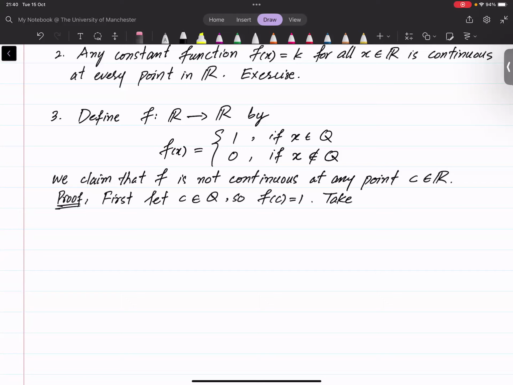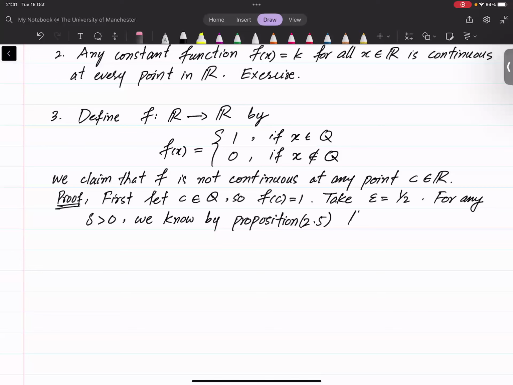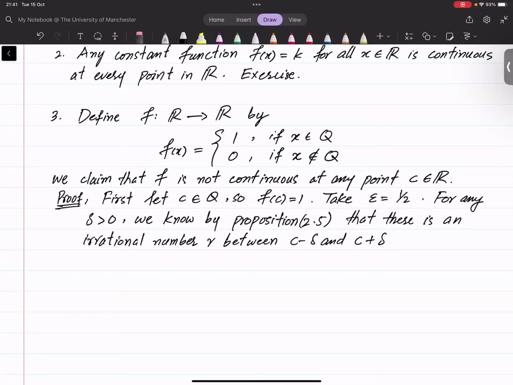Now take epsilon to be 1/2. Now for any delta greater than 0, we know by proposition 2.5 that there is an irrational number r between c minus delta and c plus delta. There is always an irrational number between two rationals.